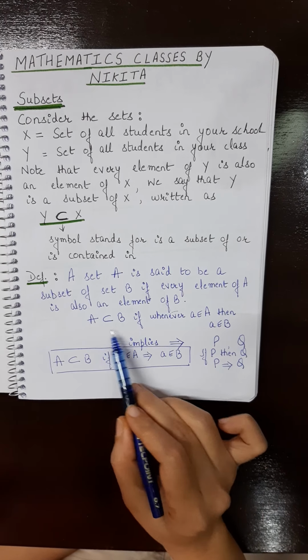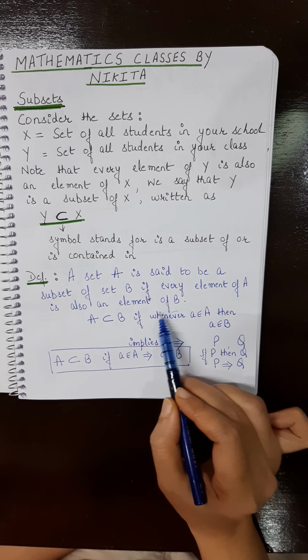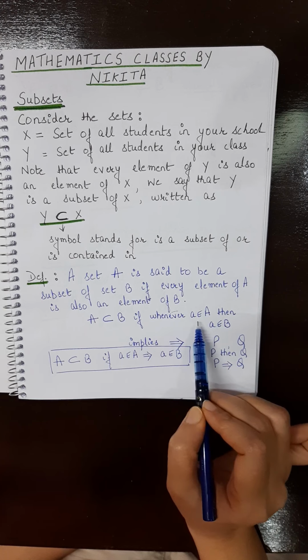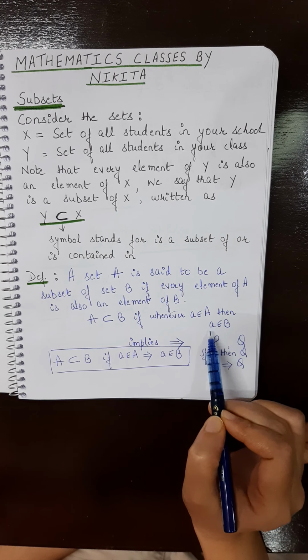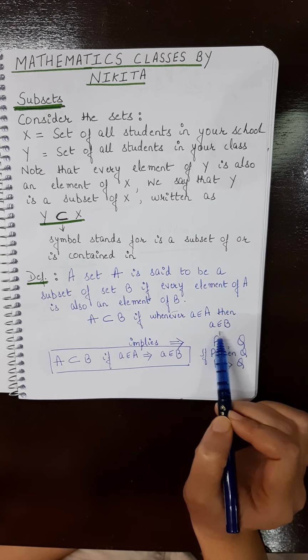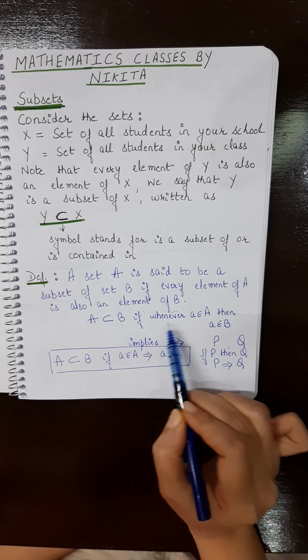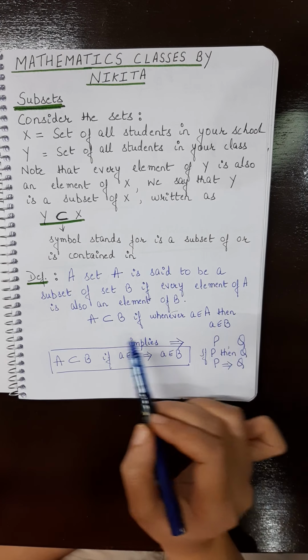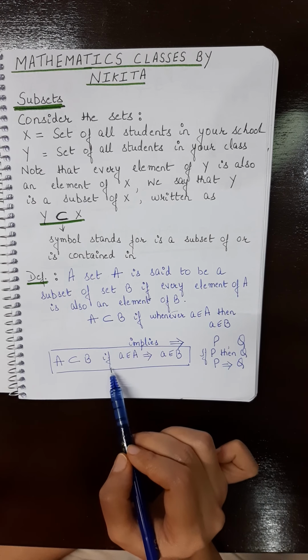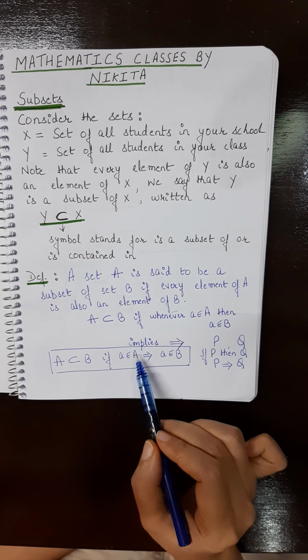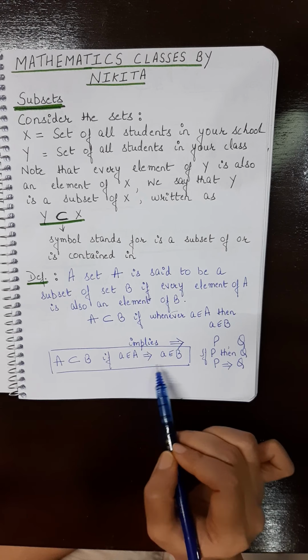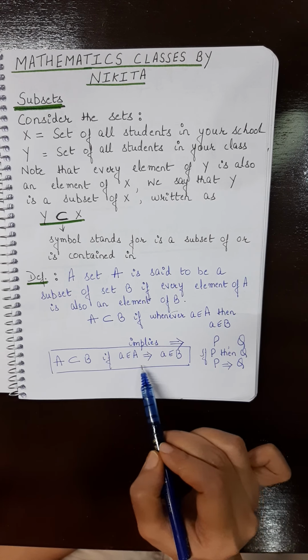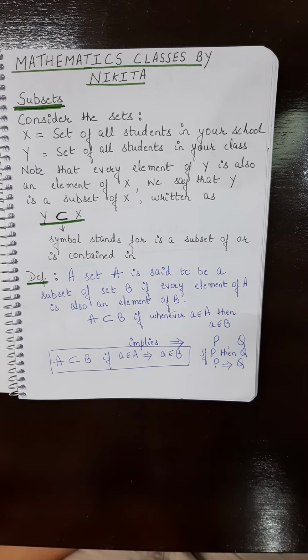Now if you look at this, this is your P, whenever a belongs to A, and this is your Q, then a belongs to B. So if P, then Q. So basically what I can say is A is a subset of B if a belongs to capital A implies a belongs to B. This is nothing but a symbol in mathematics.